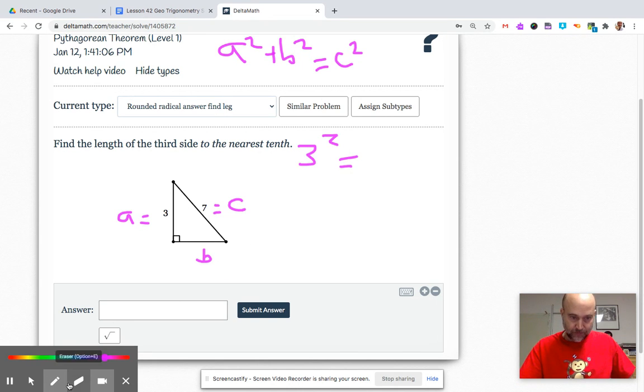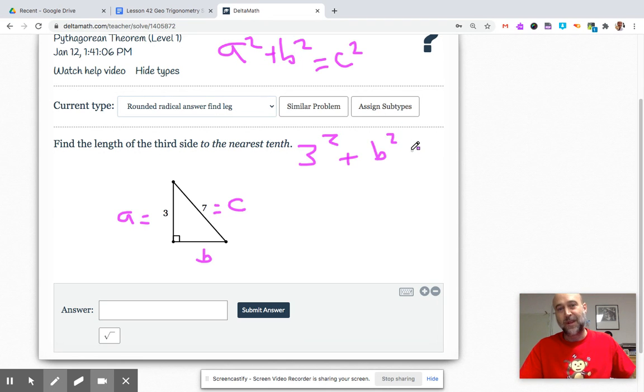plus our B squared equals C is 7. That gets squared. So that's 9 plus B squared equals 49. Minus 9, we got that same number again.